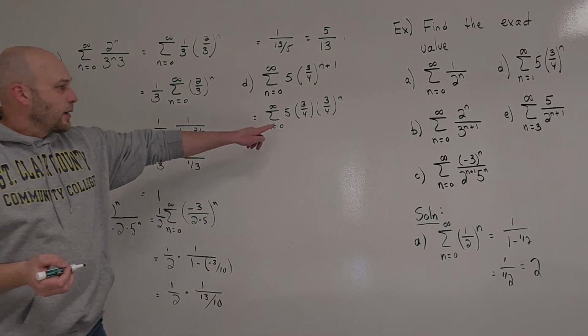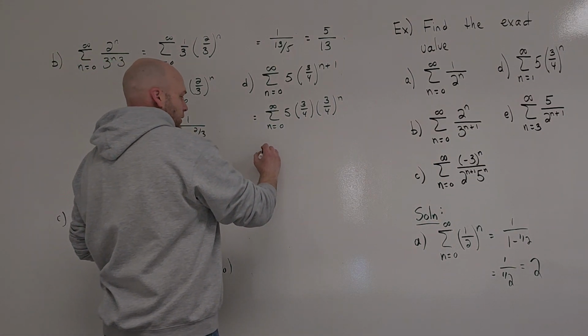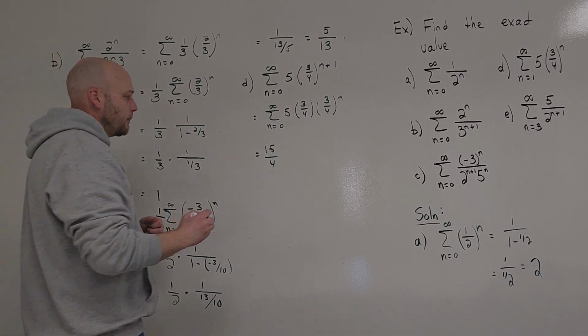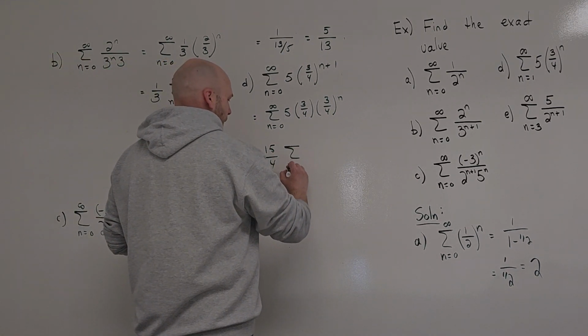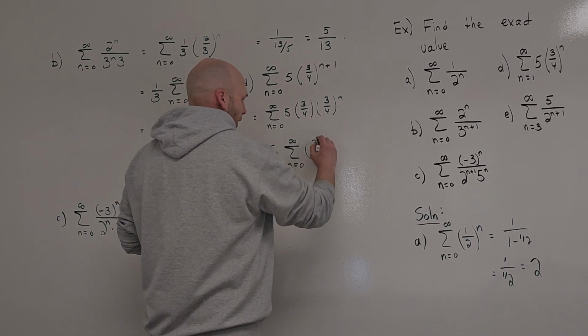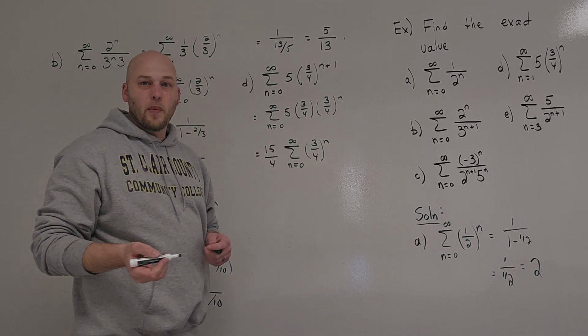And then 5 times 3/4, which would be 15/4, is a constant factor, and constant factors can be brought outside of the summation. And then I would have my infinite series in the same form that we had in the formula that we came up with.